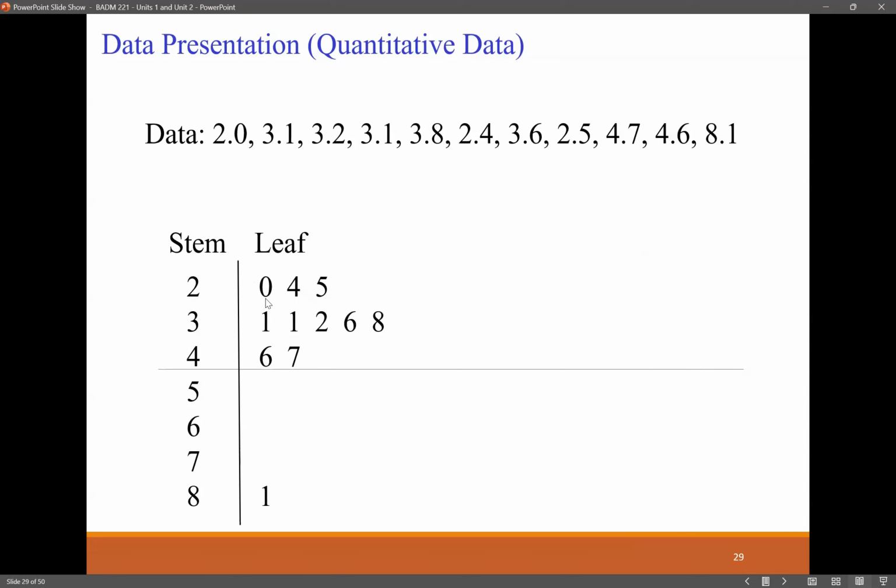So for the leaf, 2.0, 2.4 and 2.5 are there, so you write the leaf as 0, 4, 5. And the same for 3, that is 1, 1, and then 2, and then here it is 6, and here it is 8. Right, so like that for 4, 6 and 7. For 5, 6, 7 no data is there, and the last one is 8.1, so 8 and then 1.